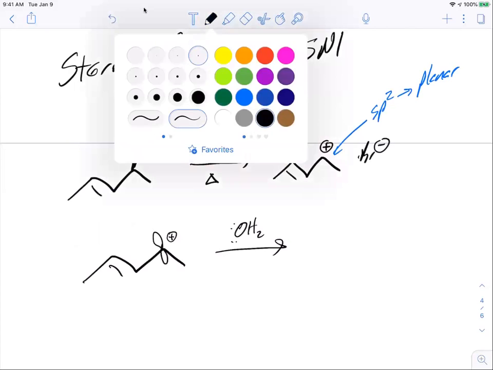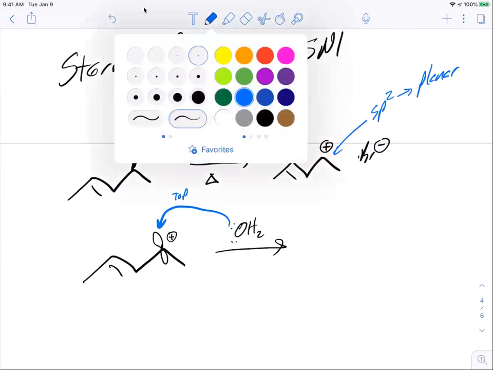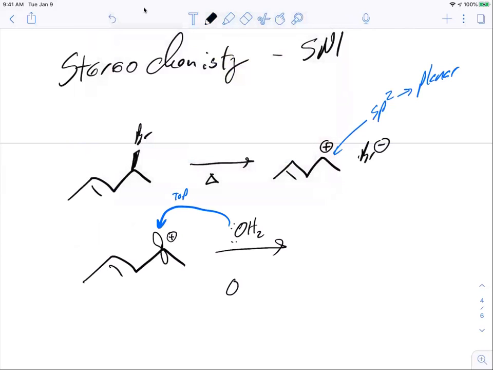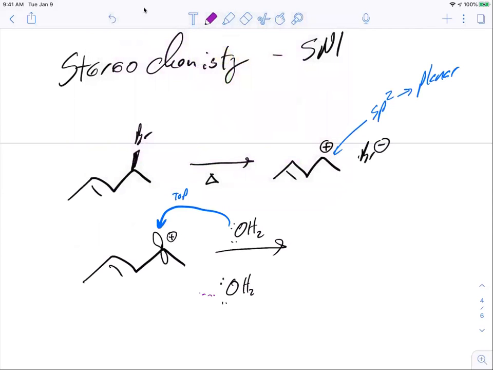that nucleophile could have come from the top, or that nucleophile could have come from the bottom.